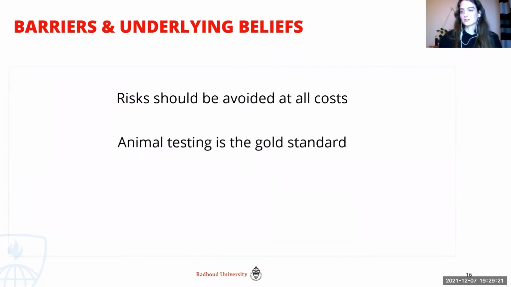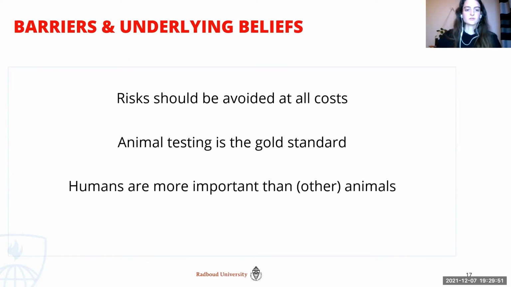Risk aversion in itself is not necessarily always a barrier to moving away from animal testing, but it is when it is combined with the idea that animal testing is the gold standard and that not doing a certain animal test anymore will entail more risk than when you do it, instead of thinking that the risks are different but not necessarily more when you change the way you do research.